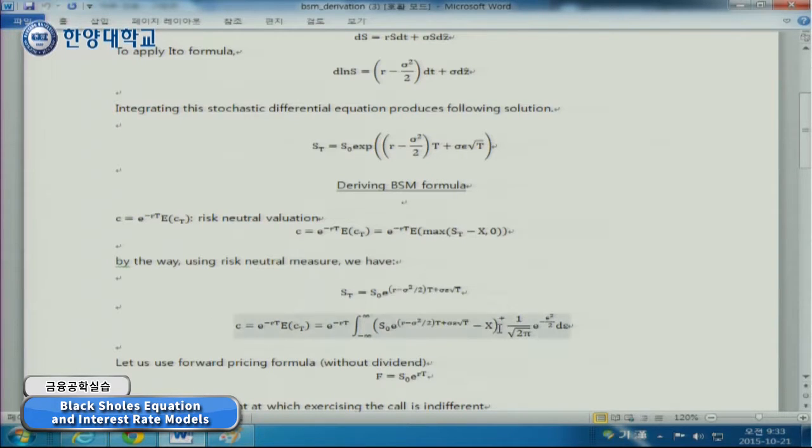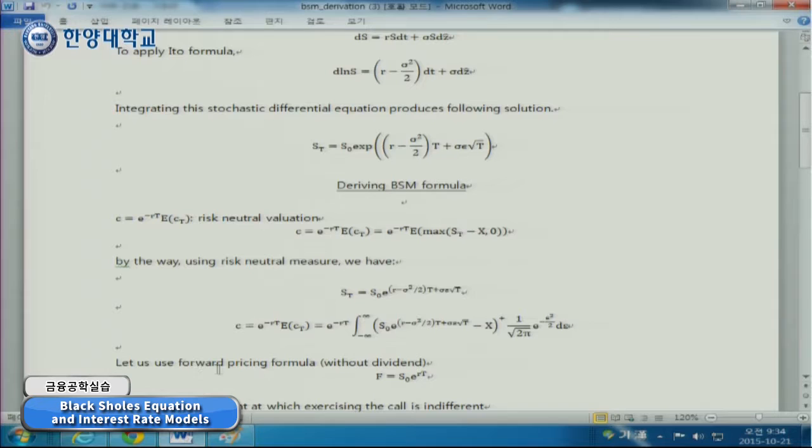Here we have a plus. This is a shorthand notation of max of S_T minus X. This is S_T minus X, and we put a plus because we concern only the part greater than 0. Because this epsilon follows a standard normal distribution, we multiply by the probability density function and integrate it, then this should be the call option price, right?